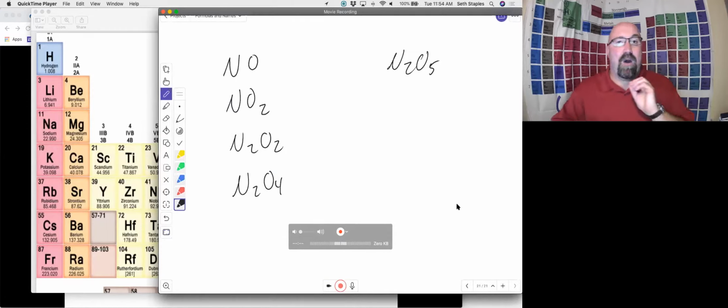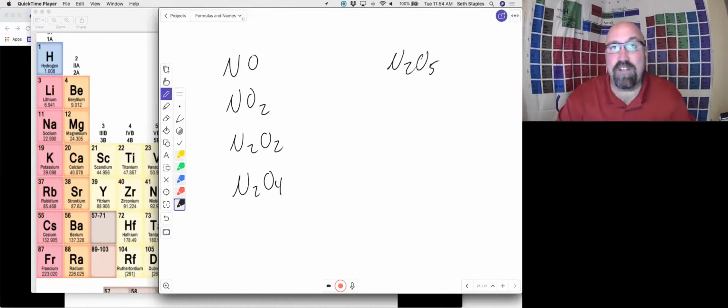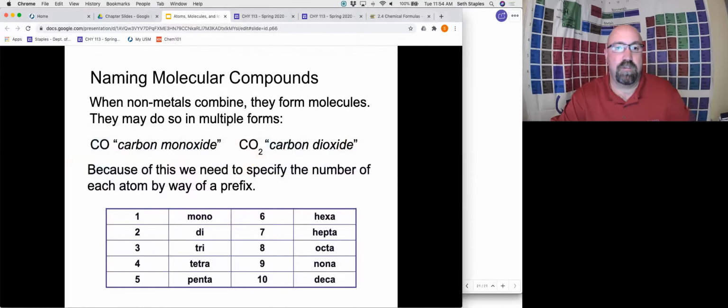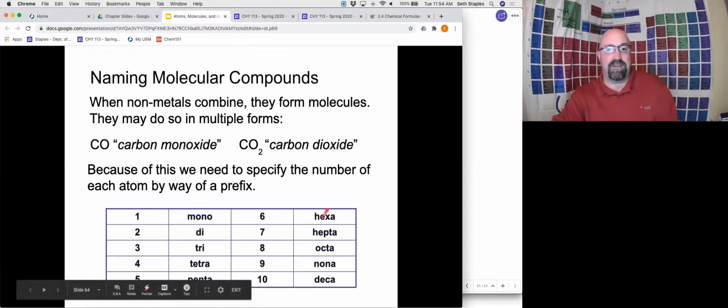And so our name, when it comes to a molecular compound, has to indicate how many of each element we have in there. So now we're going to start to use these prefixes: mono, di, tri, tetra, penta, hexa, hepta, octa, nona, deca.